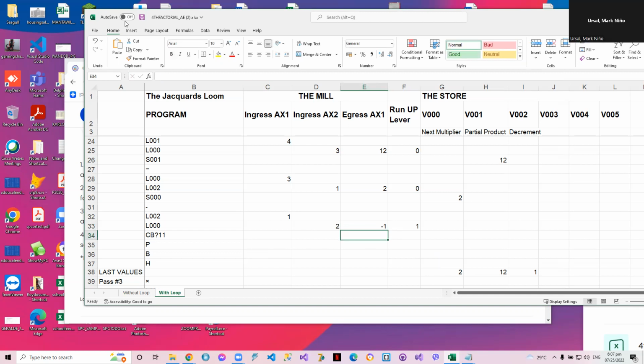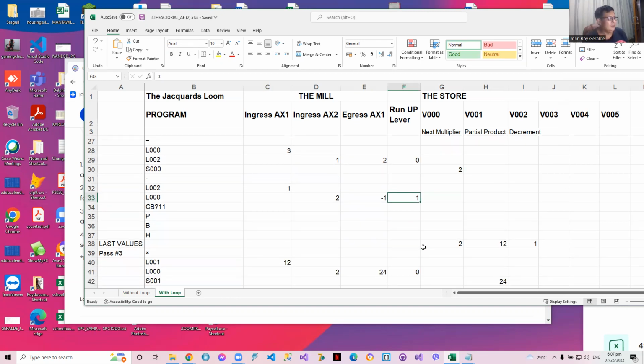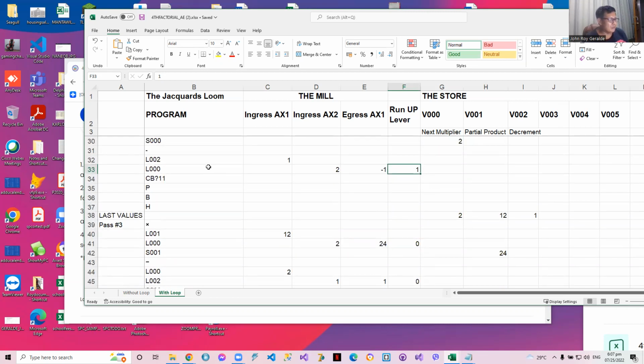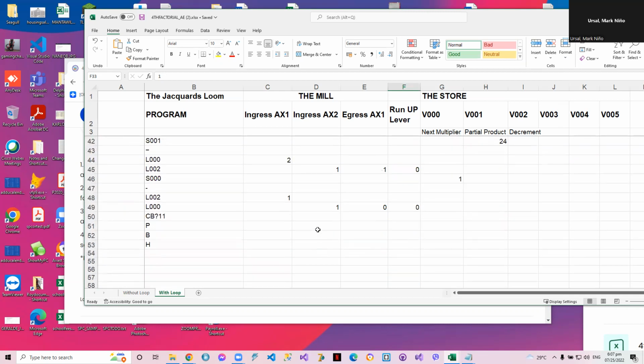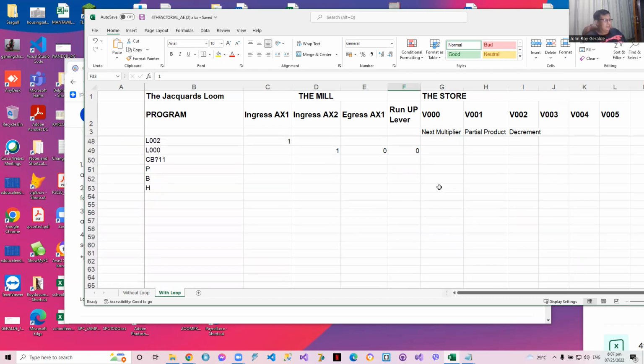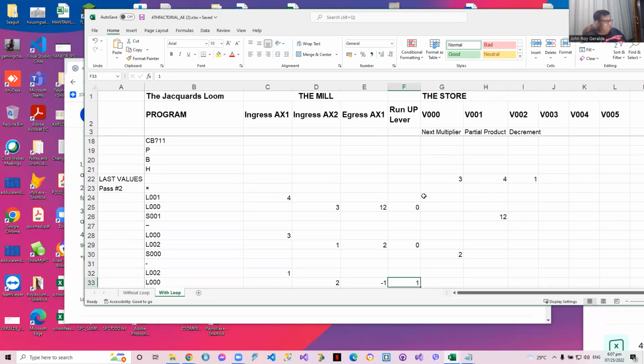Okay. Thank you po. But still the run-up lever is 1, okay? Do you follow? 1 pa rin, so mag-continue pa rin, di ba? Yes po. Unlike here, you'll have 1 minus 1, 0. Di na siya mag-continue. Okay? So thank you.